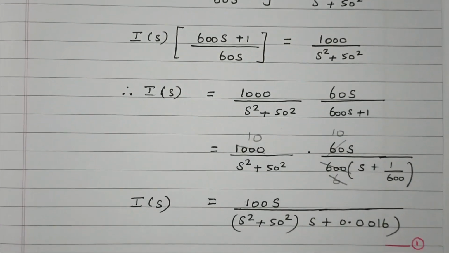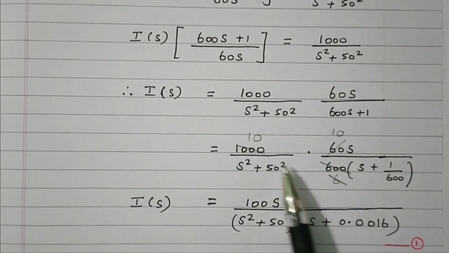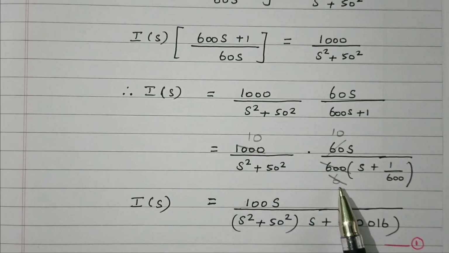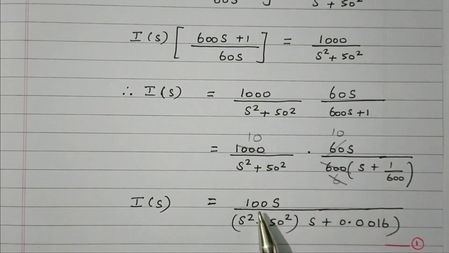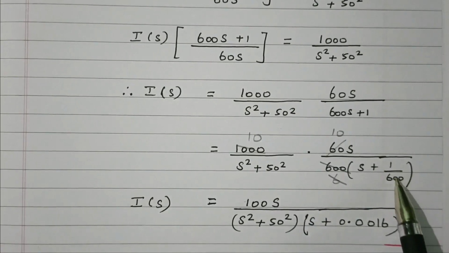So finally we got I of s equals 100s divided by (s square plus 50 square) into (s plus 1 divided by 600, which is 0.0016). Now we'll call this equation number 1.